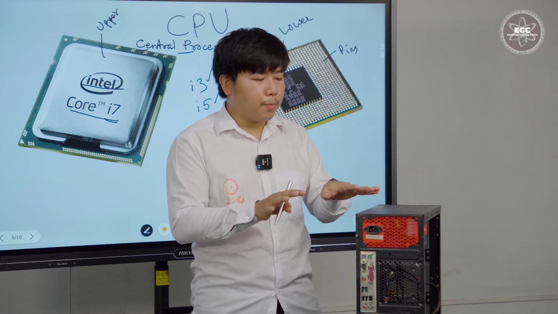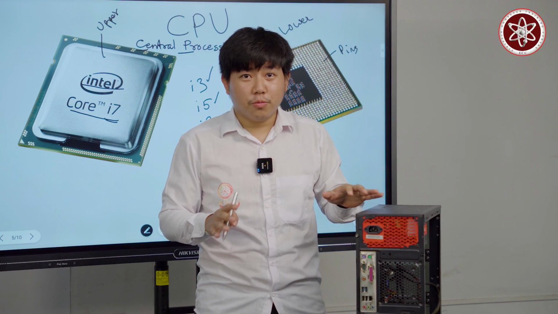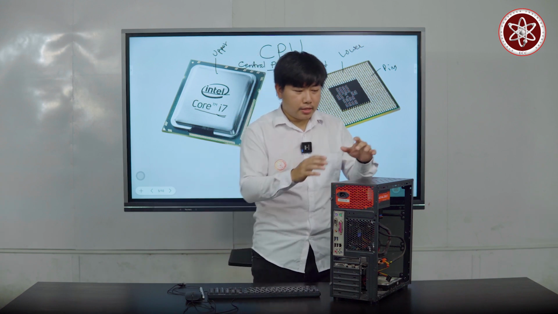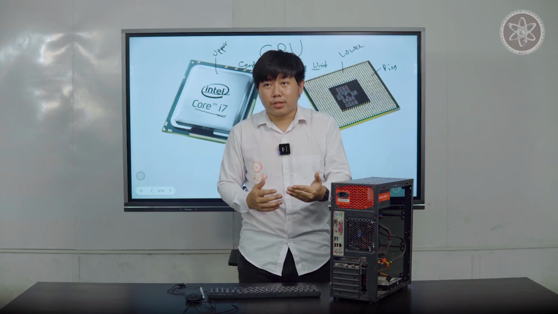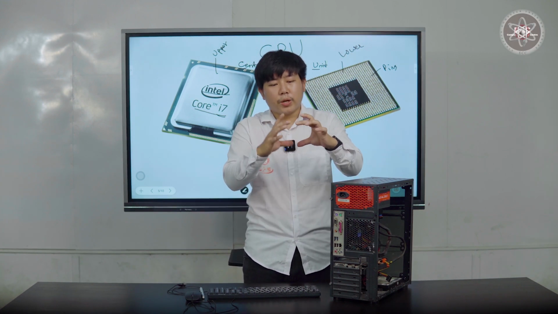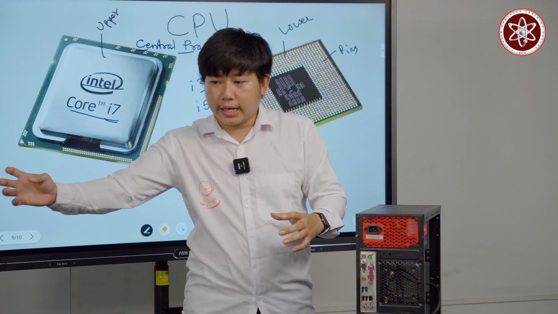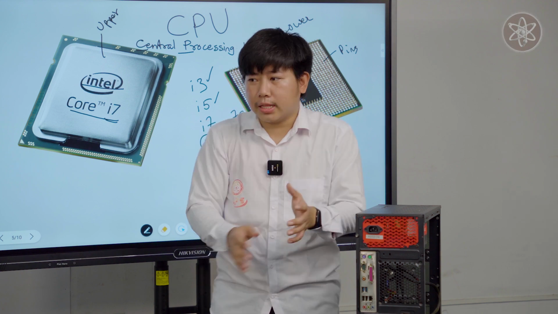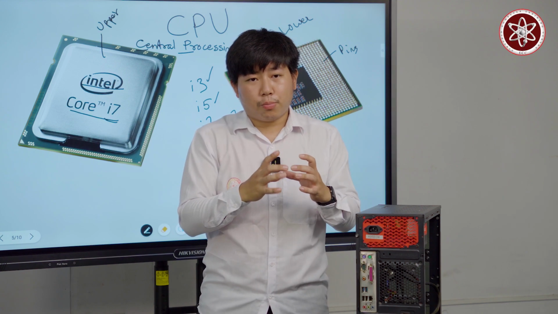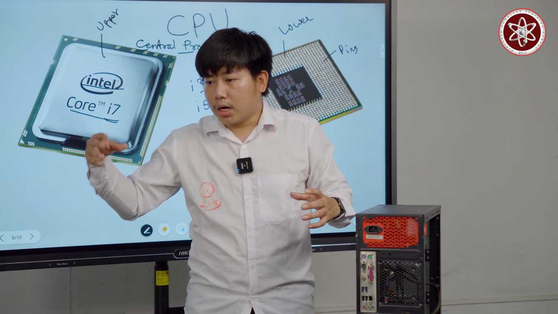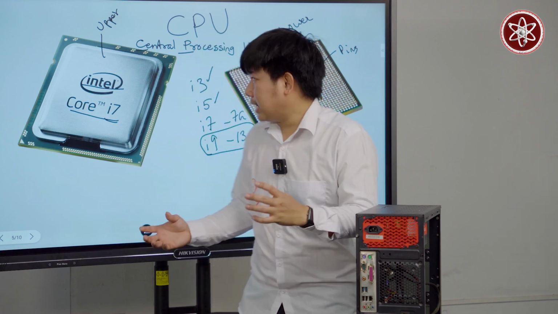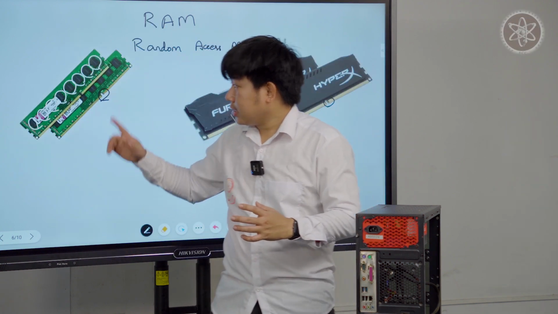Let's say I'm playing Dota 2, a game, and everything needs to be processed, but the CPU has a limit, so it's not going to process everything immediately. So it takes some parts, processes them, and there are some parts left. While it is processing the previous ones, the things that need to be processed are stored in the RAM.